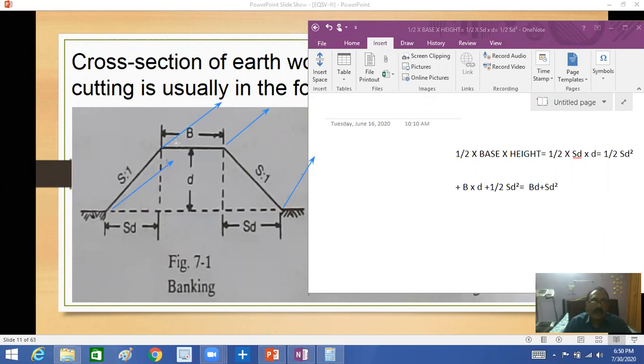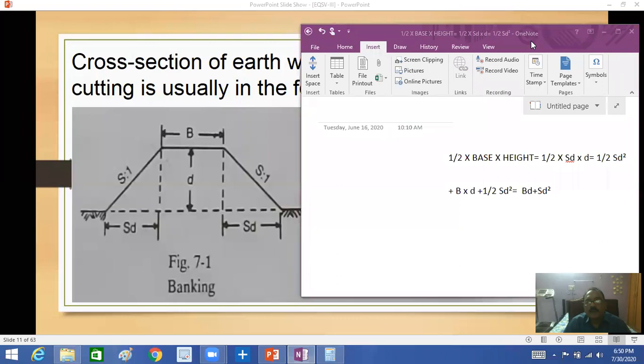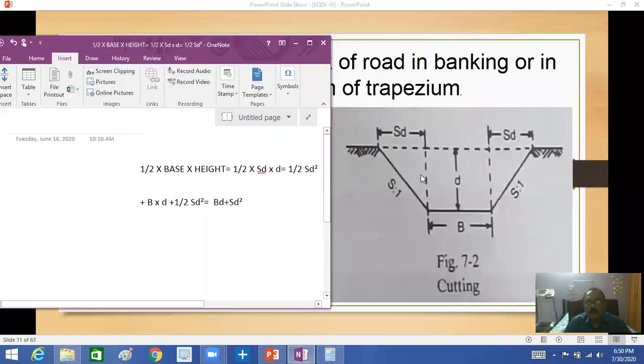So this area into length gives the volume, the quantity of earthwork, for 1 meter or 10 meters or 30 meters. The same process applies for the canal also.